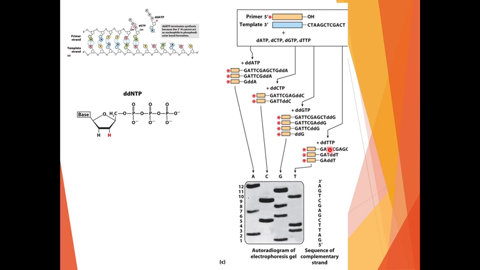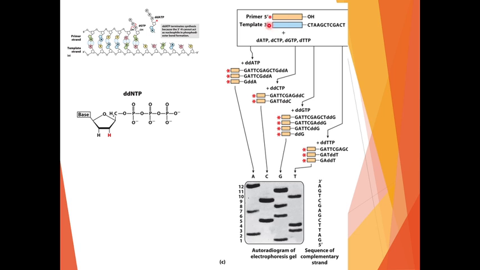Then, once you have these various different small DNA fragments formed by a DNA synthase, you collect them and run them on an agarose gel. And when you run on an agarose gel, one can actually look at this gel because you can follow the radioactivity of the autoradiogram, or the radioactivity of this specific label.